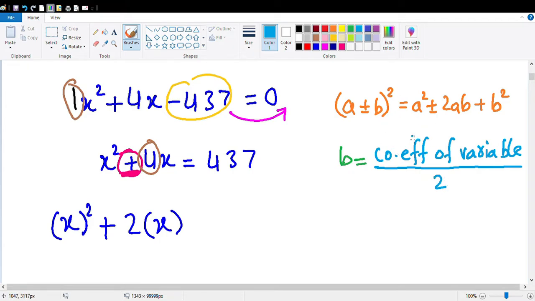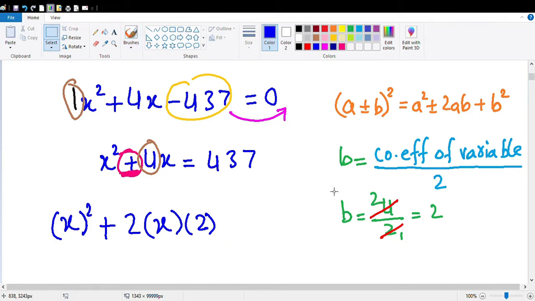The coefficient of the variable is 4, right? So b is equal to 4 over 2, because 4 divided by 2, 2 twos are 4, so b is equal to 2. So the b term in this formula is going to be 2, right?